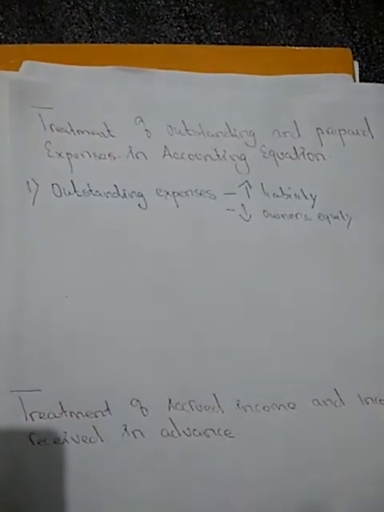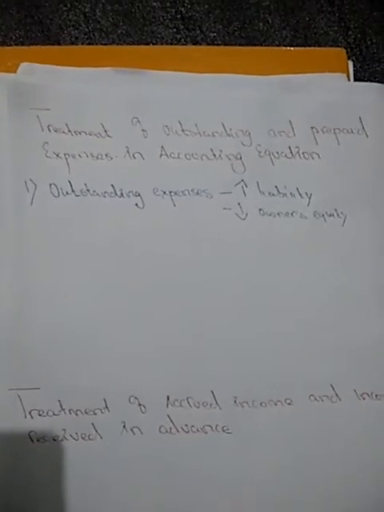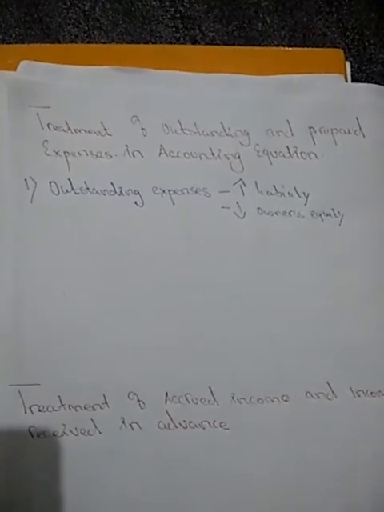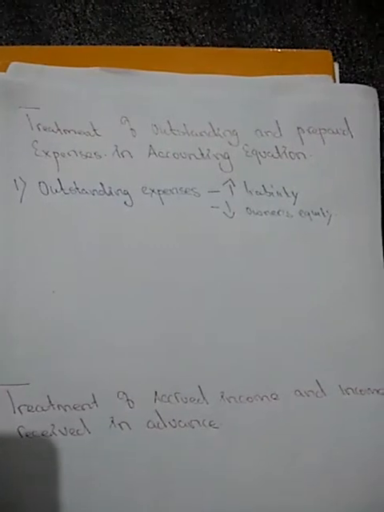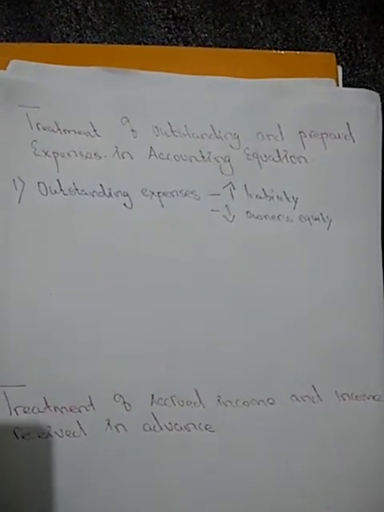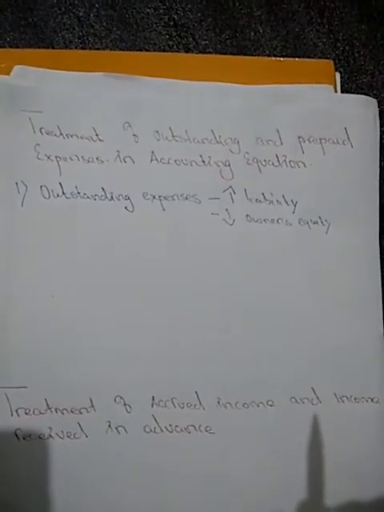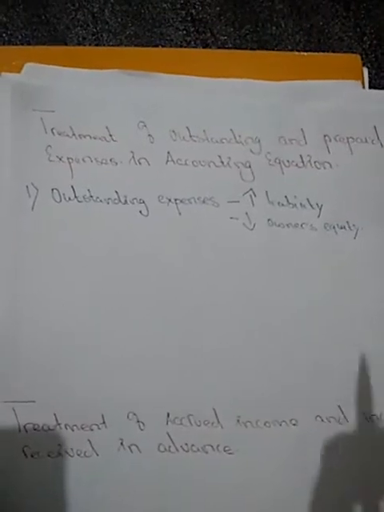So I'll repeat, outstanding expenses are those expenses which are unpaid or due. So whenever you don't pay expenses, it becomes liabilities because you have to pay it later when you have money, no? So it gives rise in liabilities. At the same time, owner's equity decreases.